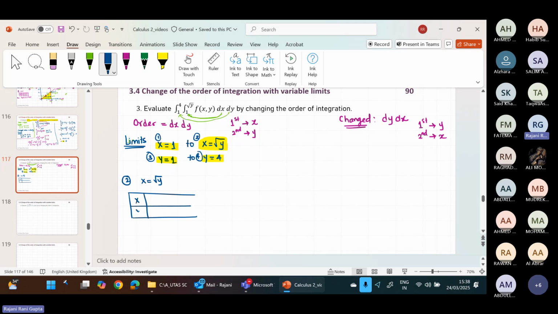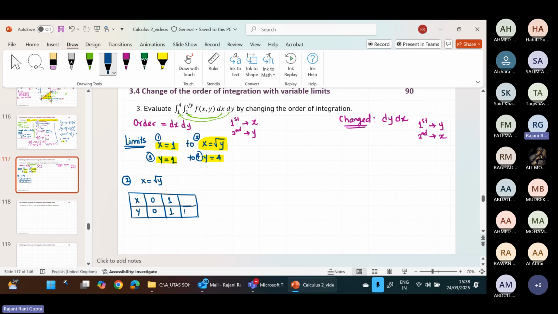If I write here x and here y, if y is 0, the value of x will be 0. If y is 1, we get the value of x as plus and minus 1, but we take only plus because the whole region is in the first quadrant.